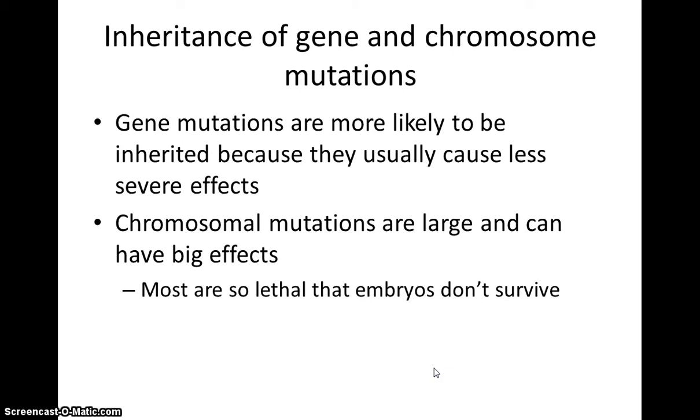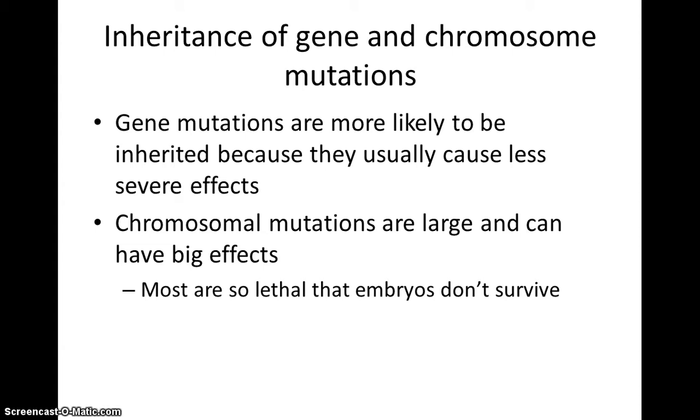When we're comparing gene and chromosomal mutations, those gene mutations that we learned about yesterday are much more likely to be inherited. This is because the effects of gene mutations are likely to be less severe. As we saw, some gene mutations lead to absolutely no effect in the cell. Chromosomal mutations, on the other hand, are going to be much larger and as a result can have very big effects.